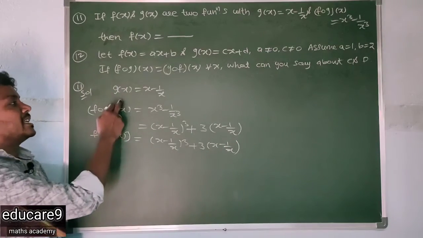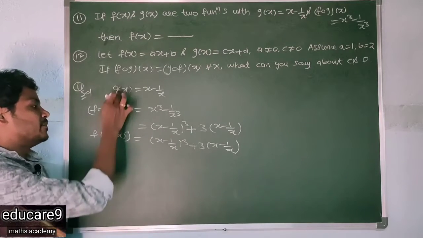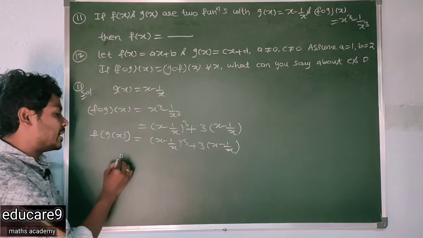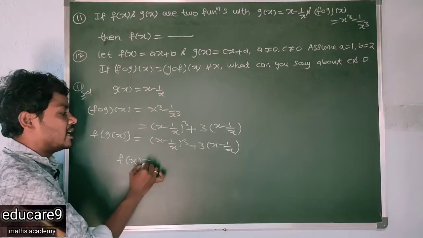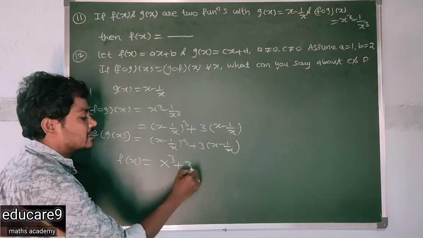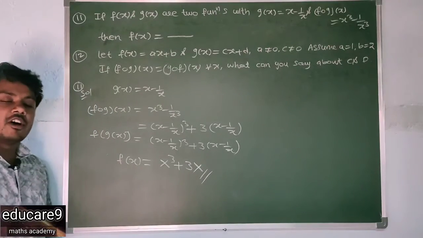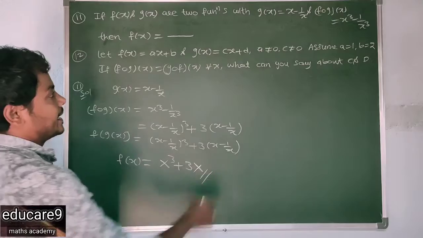But g of x is given, that is x minus 1 by x. So clearly from these two you can say that f of x value is x cube plus 3x. So this is the f of x value. Now see the next question.